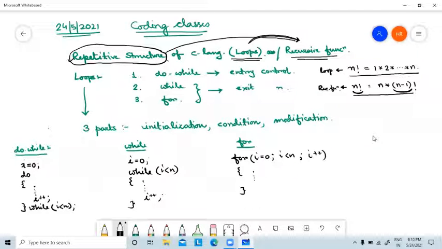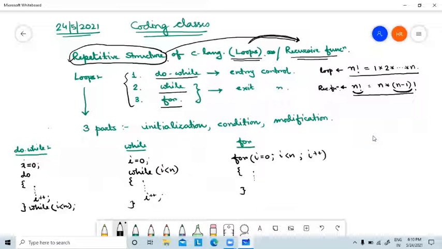And we have already seen in the last class that there are three different types of loops. The first one is the do while loop, next the while loop, and the final one is the for loop. Remember, the for loop is the widely used loop, and it may be so popular due to its structure.